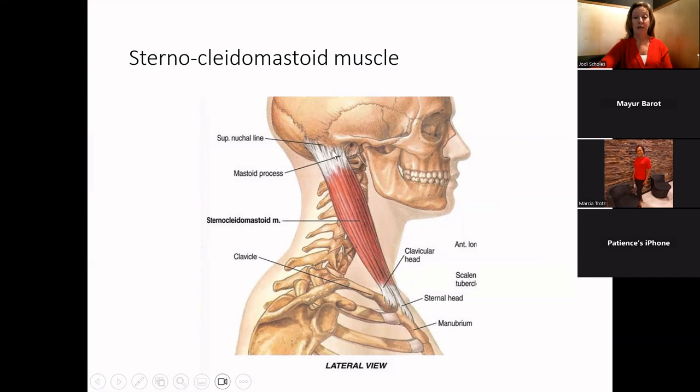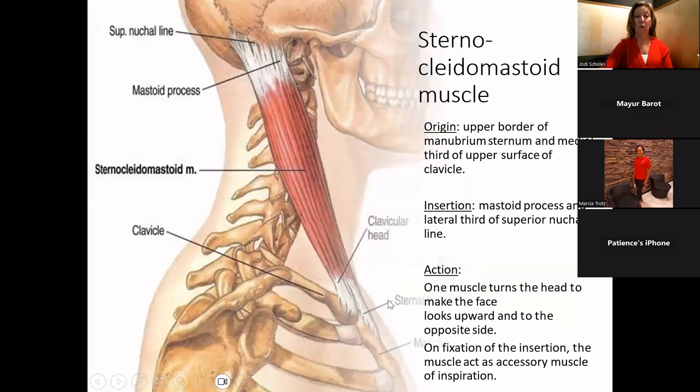This white stuff represents the tendon and the fascia. This is the muscle. Muscles attached to bones via tendons. And you can see where this muscle runs from behind the ear right down to the sternum, to the sternoclavicular joint. Got one more picture of this here.